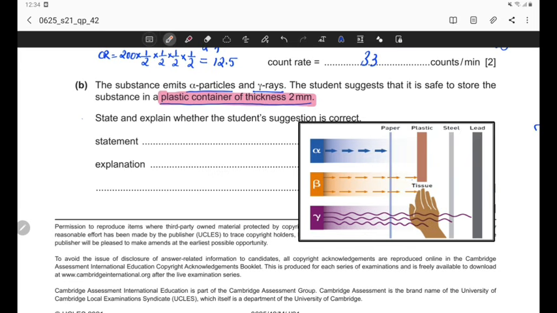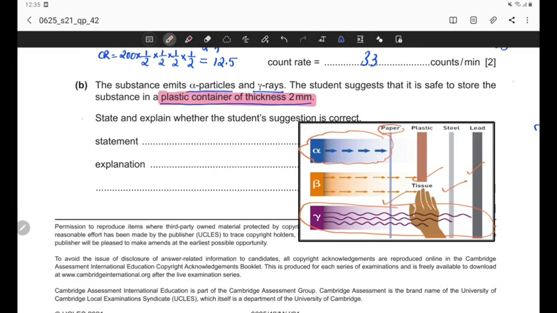When we look at the penetration power, alpha particles can be stopped or absorbed even by a paper. Therefore, we can keep alpha particles in a plastic container. Even keeping them in a paper is safe. But when we look at gamma rays, they can penetrate and pass through paper, plastics, even steel, and can reach lead. But lead is the metal which can stop the penetration of gamma rays. That means gamma rays cannot be stopped by plastic.